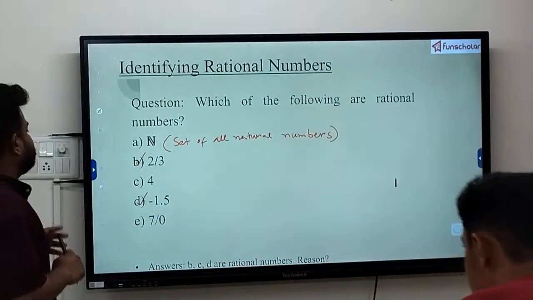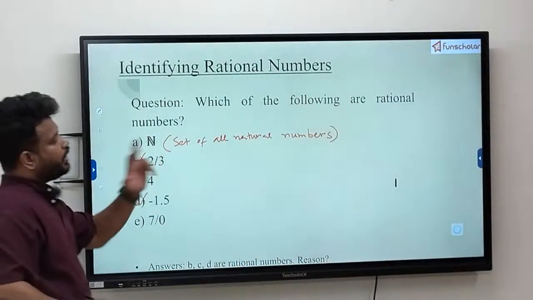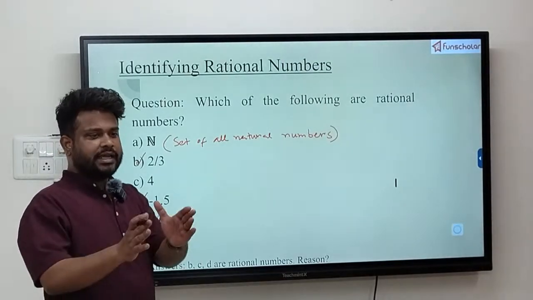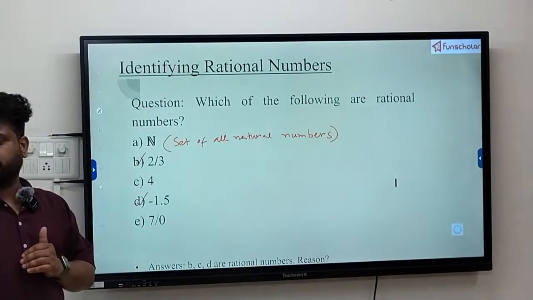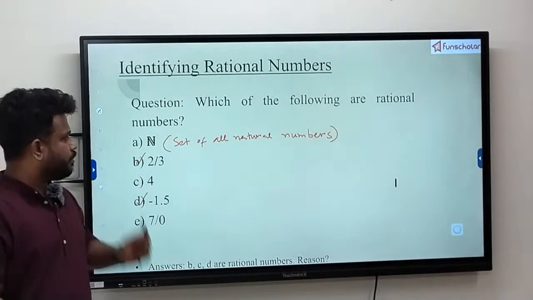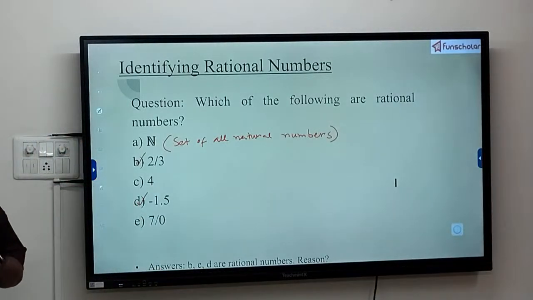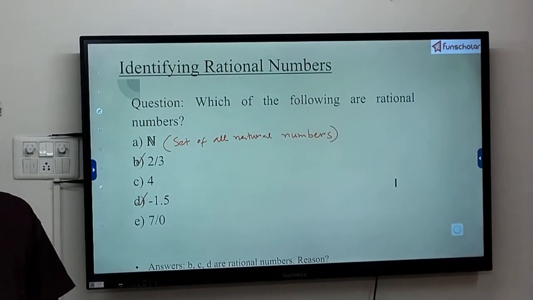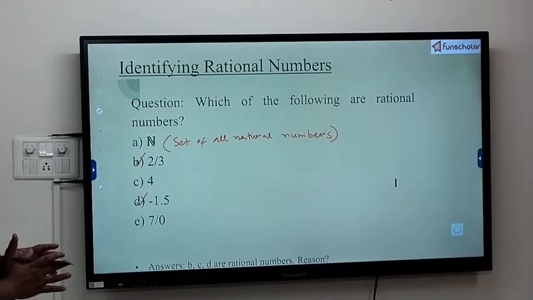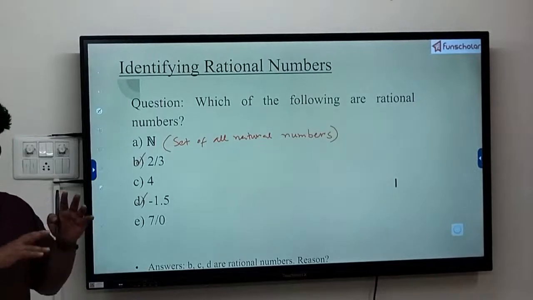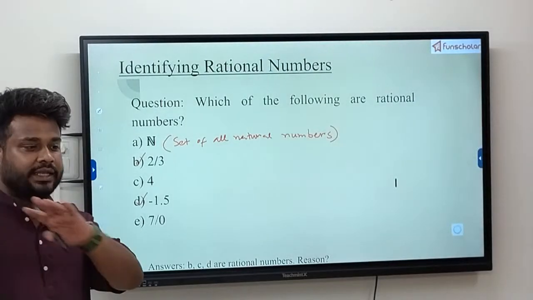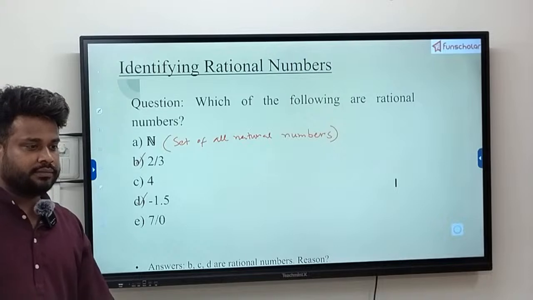So the topic is that N is the set of all natural numbers. So you are saying it's not rational, right? Okay, and what are you saying? Is N, the set of natural numbers, a rational number or not? Okay, the last day I discussed that all the natural numbers, all the whole numbers, all the integers are rational numbers.